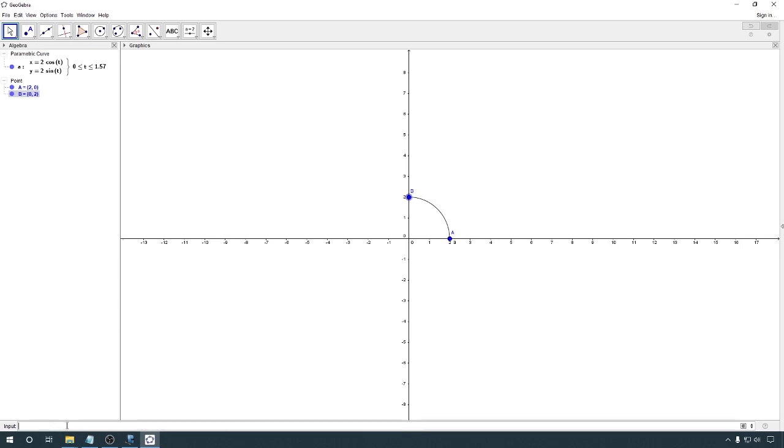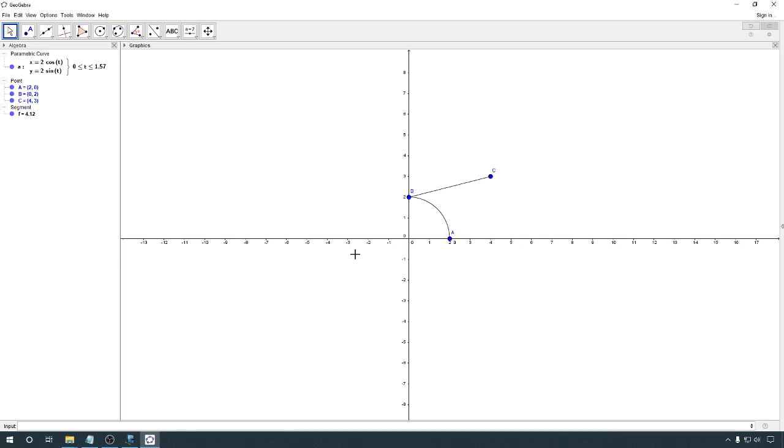But then they also want us to go from 0, 2 to the point 4, 3. We're looking for that particular line segment, the segment from B to C. That's our curve.